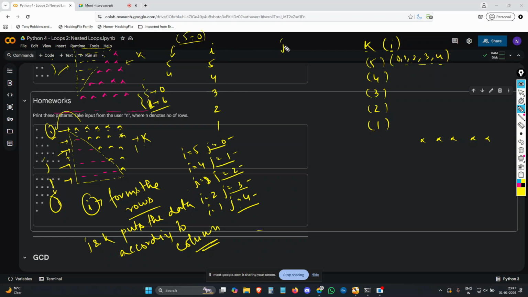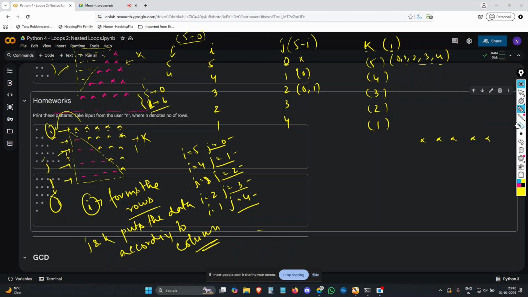Now, how do I make it dependent so that it works? If I make it 5 minus I, will it work? 5 minus 5 is 0. 5 minus 4 is 1. 5 minus 3 is 2. 5 minus 2 is 3. And 5 minus 1 is 4. So 0 range means print nothing. 1 range, print 0. 2 range, 0, 1.